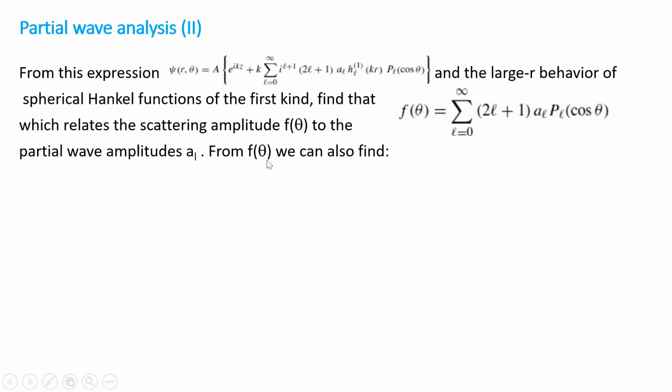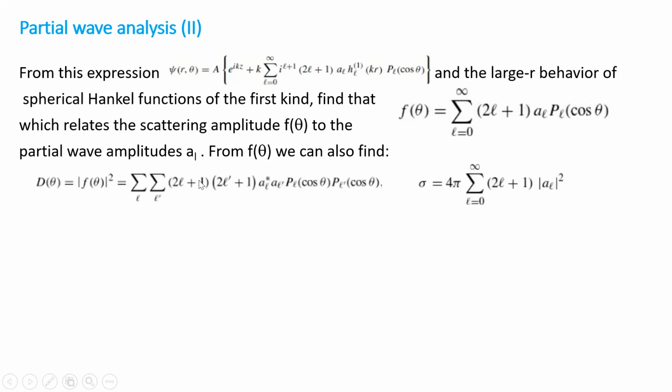Remember, our goal was to find the scattering amplitude f(theta). Once we have f(theta), we can also find the differential cross-section, which is the scattering amplitude squared. With this sum as the scattering amplitude, we would have the square of a sum, so we would get a double sum, something like this.